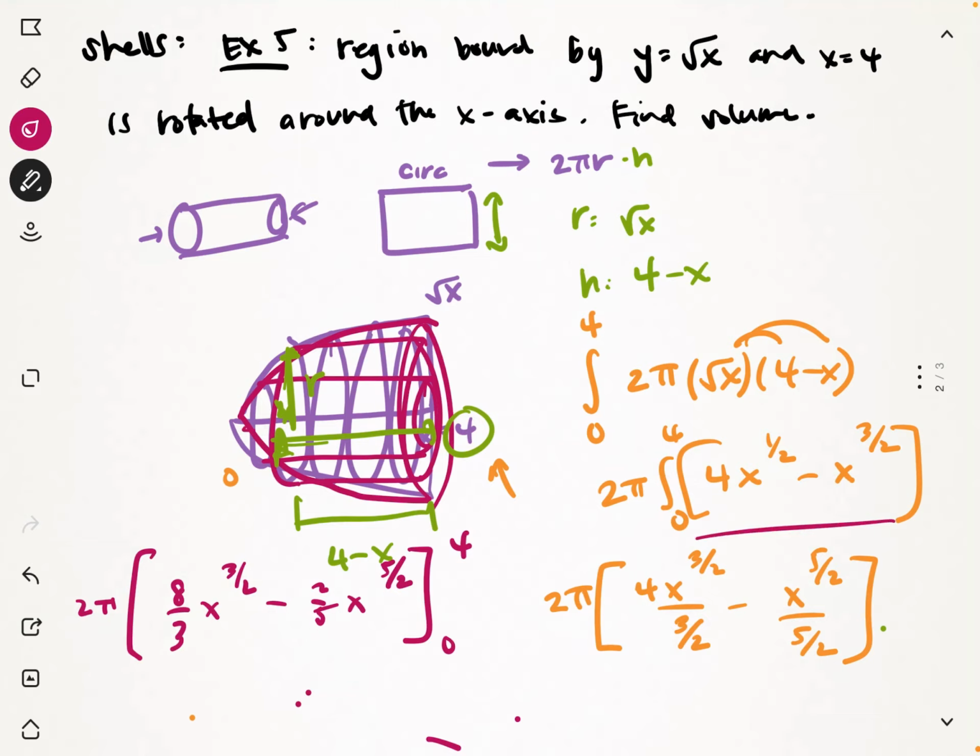This doesn't seem right. 8 pi is 25. The radius is x. The height is going to be 4 minus x.